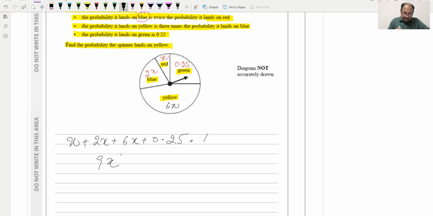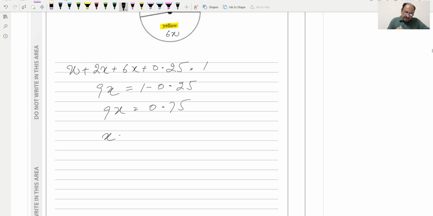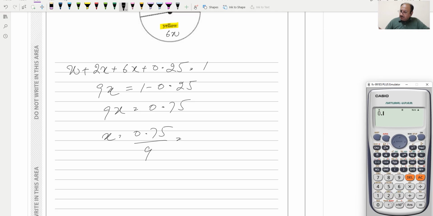So 9x will be equal to, we can shift this to the other side, 1 minus 0.25, which is 0.75, and x will be equal to 0.75 divided by 9, which is equal to 1 over 12.